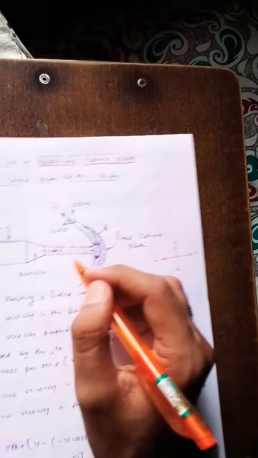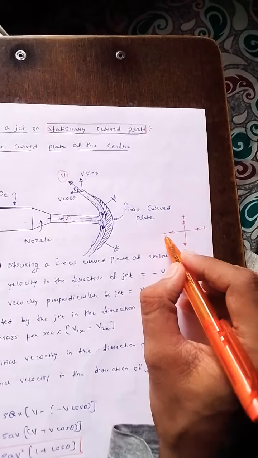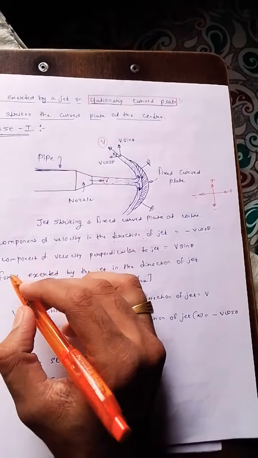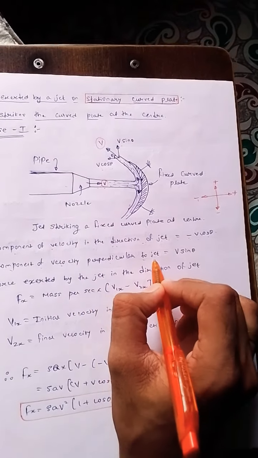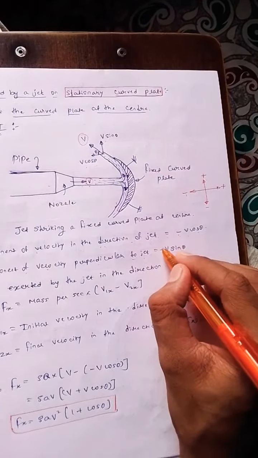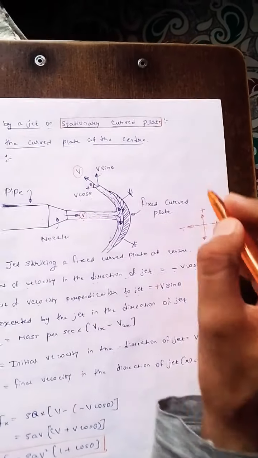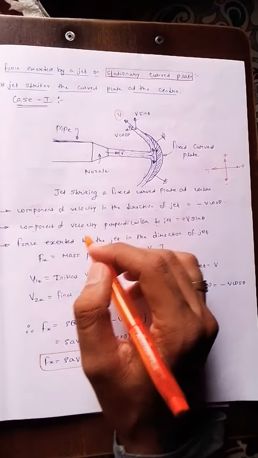So V cos theta is going to the left side, so it will be minus. The component of velocity perpendicular to the jet will be plus V sin theta, since it is going in the upward direction.